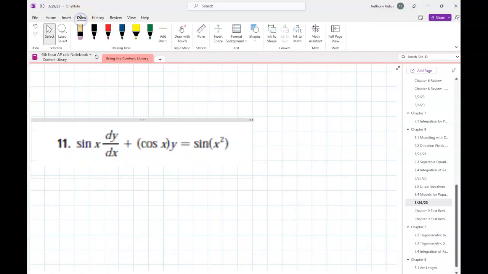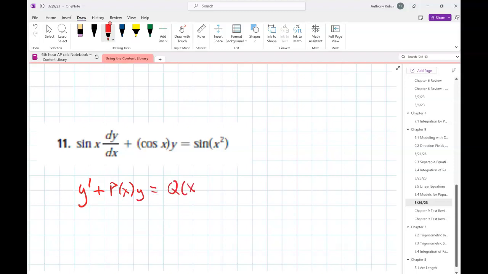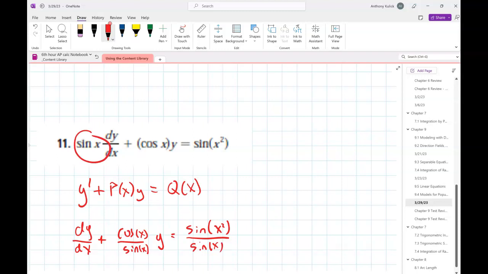Okay, so reminder, first step is I want to get this in that linear form. So I'm going to start by dividing everything by sine x, because I got to get that dy dx by itself.